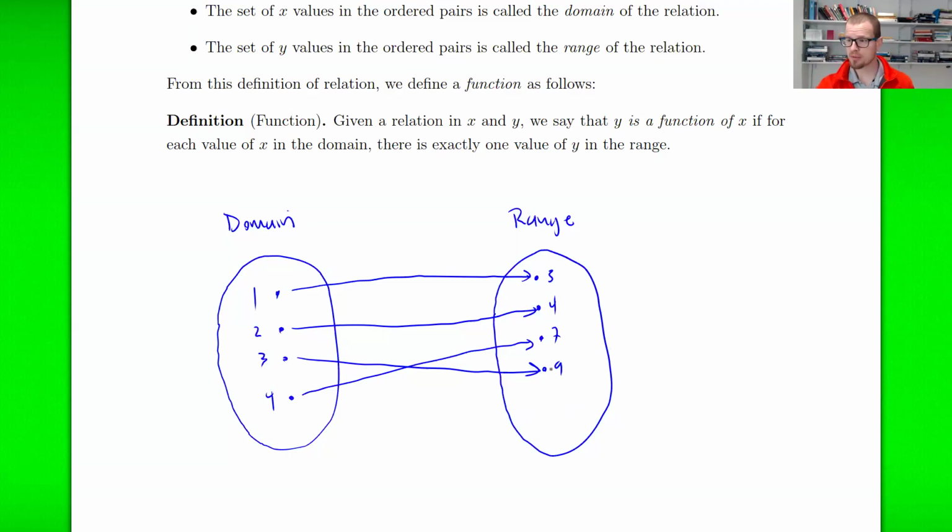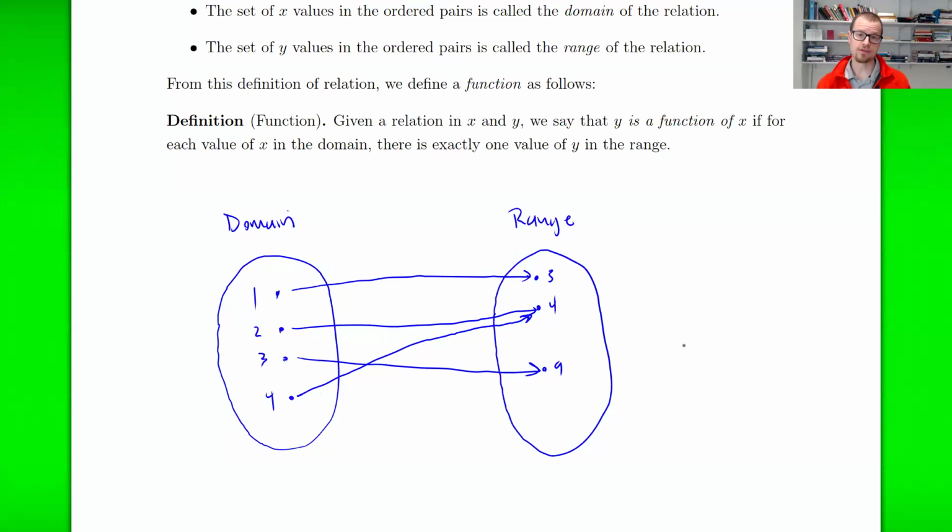Now, I would like to also point out that we could have something like, let's see here, I'm going to get rid of a few things here. Try to get rid of that 10 again, get rid of the line from 4 to 7. And I'm also going to go ahead and draw a line now from 4 to 4. Excellent. So does this represent a function?